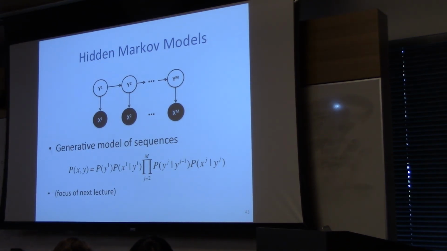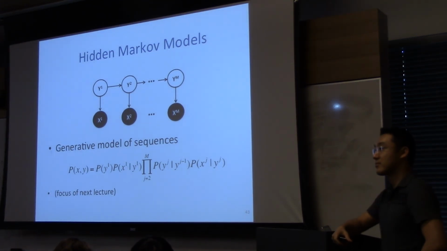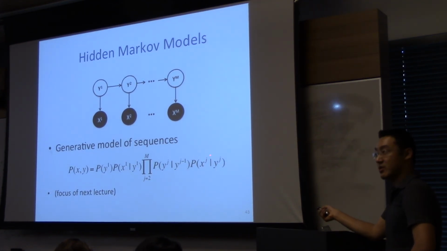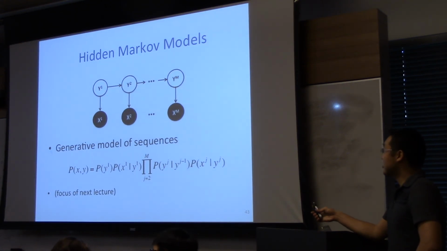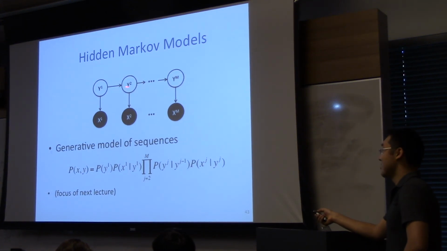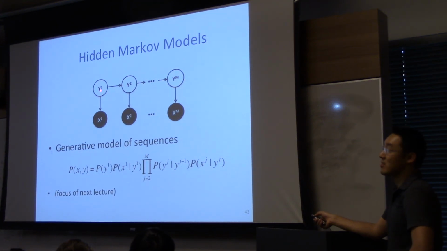Question: how do you generally know if the structure is present in the system? Like this specific structure? Yeah, exactly. Right, so this is a very strong independence assumption. It's basically saying, for part of speech tagging, the probability of this word having this part of speech tag depends only on what the previous part of speech tag was and the word.